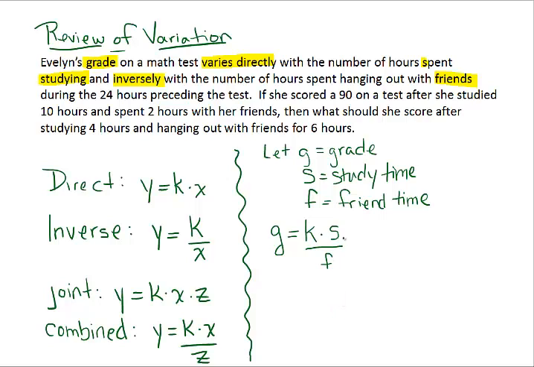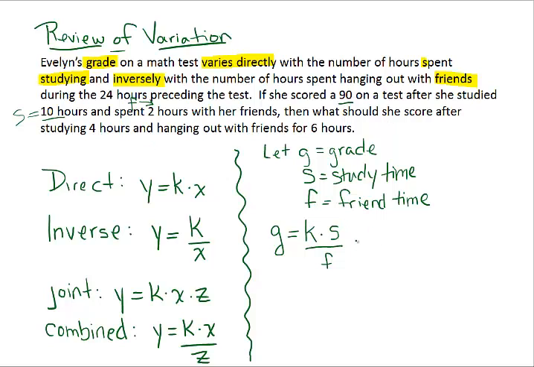Based on our information from this sentence here, we say if she scored 90 on the test and she spent 10 hours studying, so this is going to be our S, and spent 2 hours with friends, so this is going to be our F amount, then we want to figure out what our constant is.